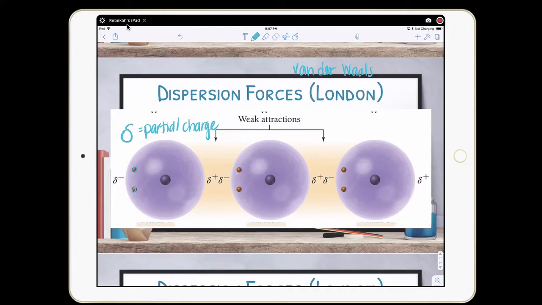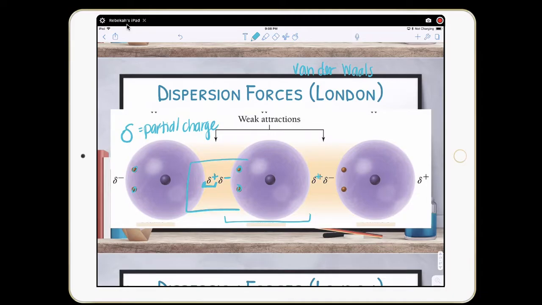If electrons so happen to be hanging out on the other side, this side is left without electrons, so it's now a little more positive than it used to be. Then let's suppose the same thing is happening to this helium atom, where I've got electrons hanging out on this side, meaning this side is a little more negative and this side's a little more positive.